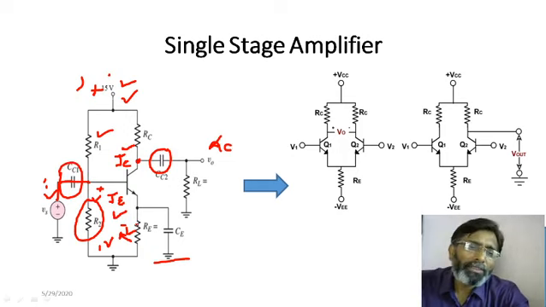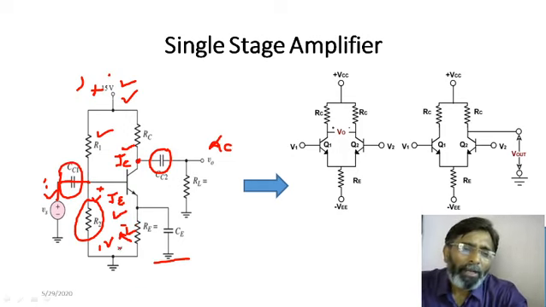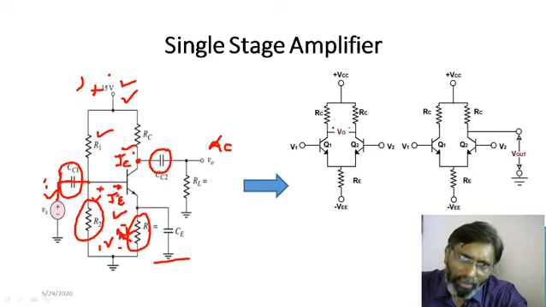To avoid this, we use this negative feedback. Because of this negative feedback, what happens? Because of the increase in temperature, suppose your collector current increases. This collector current and the emitter current are approximately the same, so the drop across RE will increase. This increase in the drop across RE gives the negative feedback. So, the net input to the transistor will get reduced, and because of that your IC will get reduced.